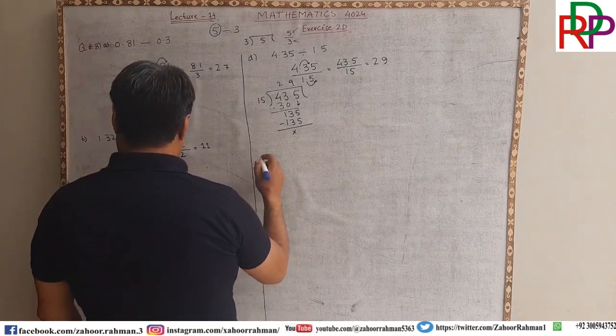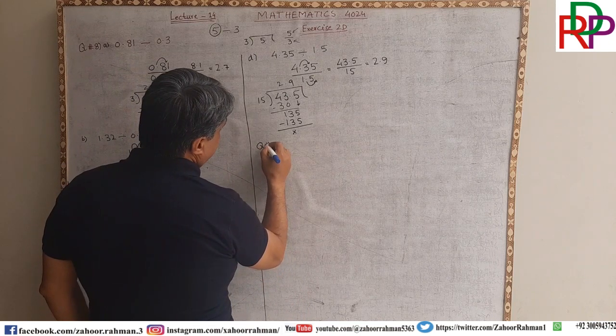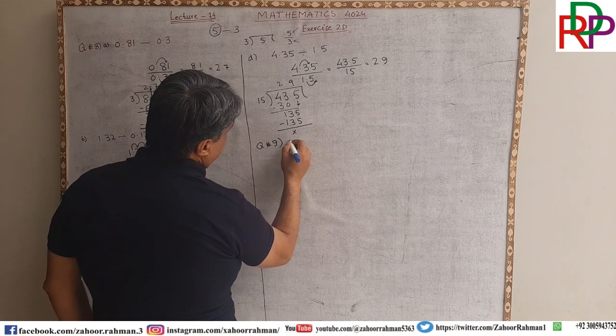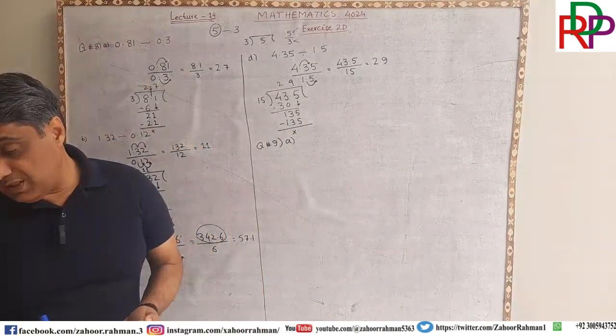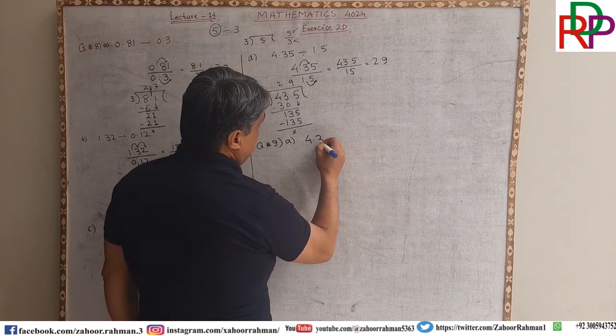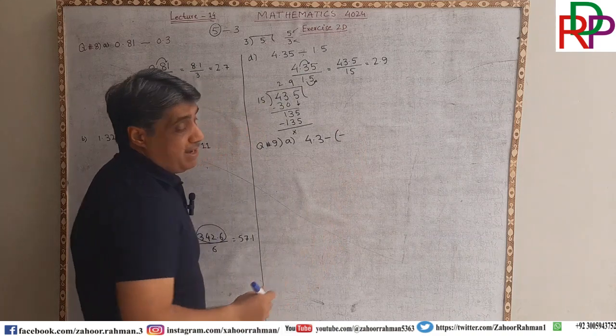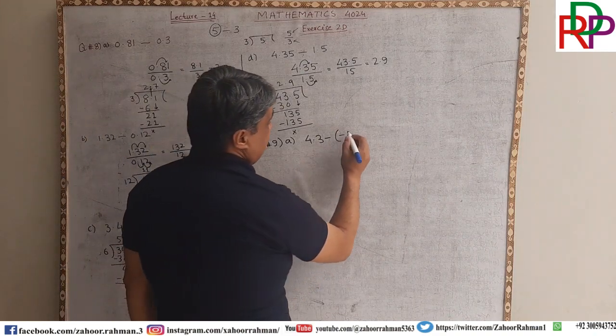So question number 9 and part A is saying 4.3 minus minus 3.9.